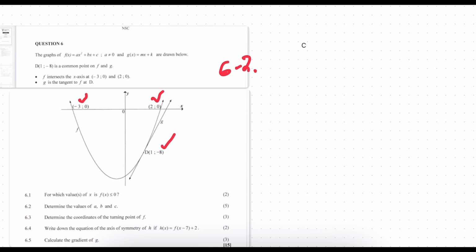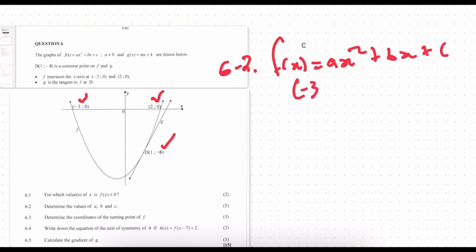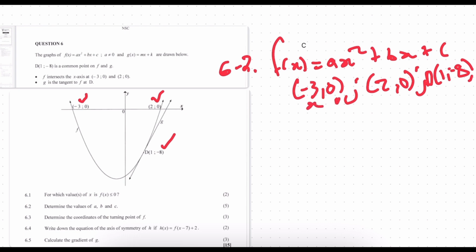How would I go about solving this? You have f at x equals ax squared plus bx plus c. The first point is minus 3, 0. The other one is 2, 0. And then the other one is your point D, 1, minus 8. These are x, y values.